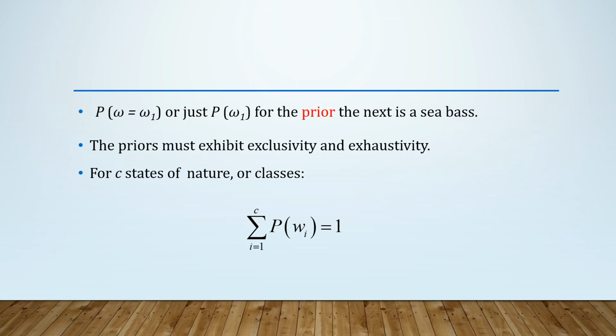For the fish classification problem, the value of C is 2, but C can be more than 2 as well. Then the summation of all the class probability values would be 1. That is, the summation over i equal to 1 to C of the probability of Wi, where i can be any value from 1 to C, will be 1.